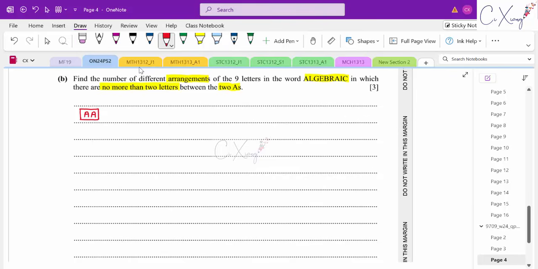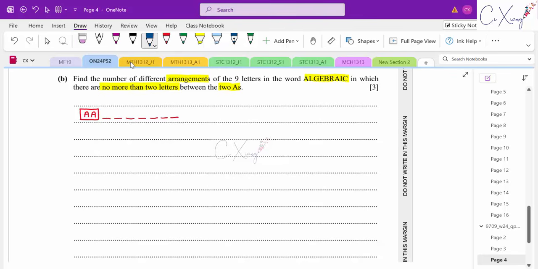Then you still have 7 other letters, because in total you have 9 letters, right? So you still have 7 letters here, and these 2 letters you treat as one unit.